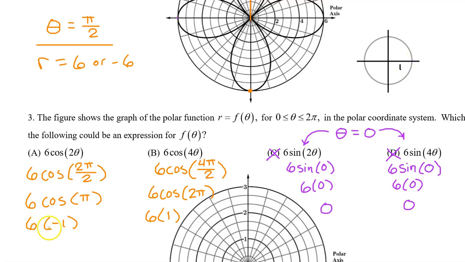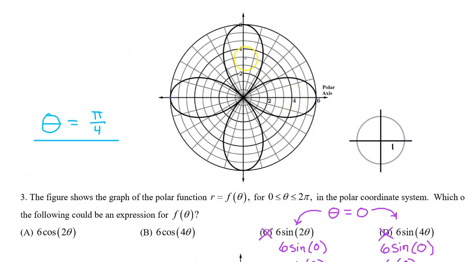So that gives us 6 times -1, which is -6, and 6 times +1, which is +6. Both of these are R values that we were looking for, so that did not help us eliminate A or B. I think the same thing will happen at any pedal, so it's time to pick an angle that's between pedals.